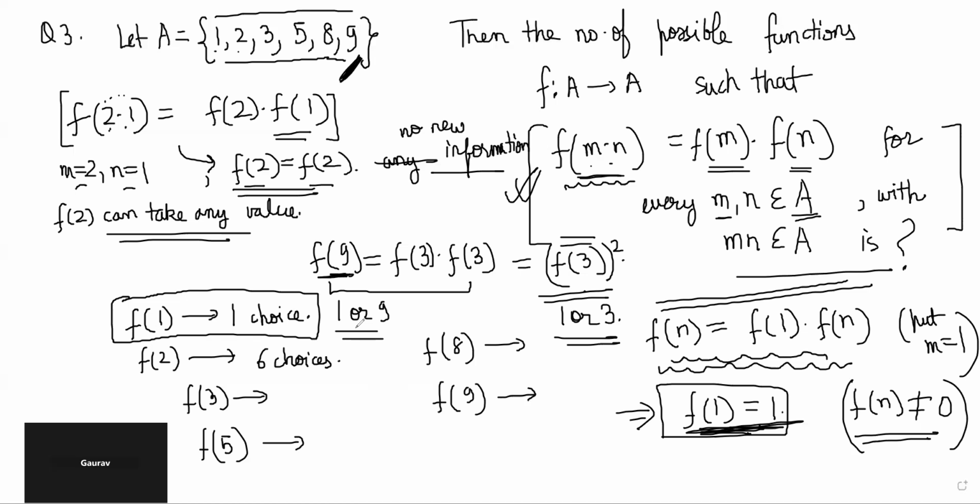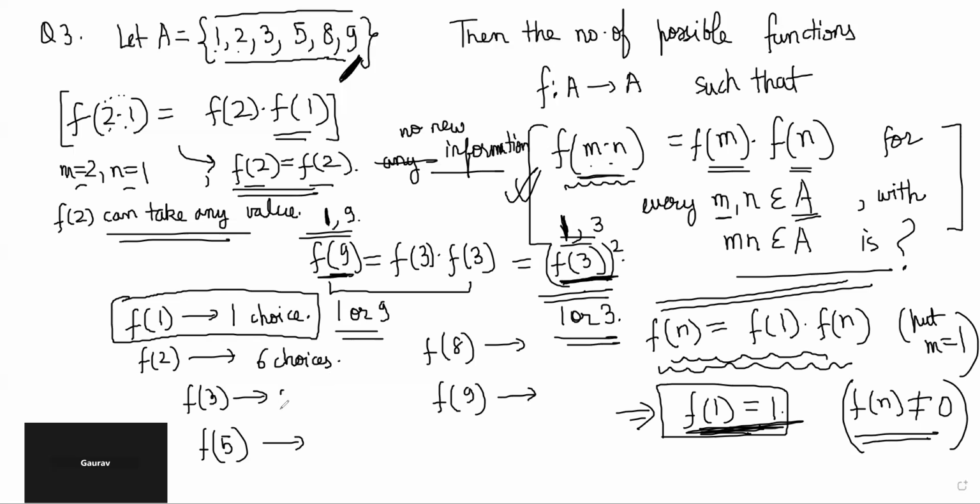Yes. So if you fix f of 3 as 1, f of 9 is automatically known, it is 1. And if you fix f of 3 as 3, f of 9 is automatically known, it is 9. Right? Yes. So how many choices are there for f of 3?